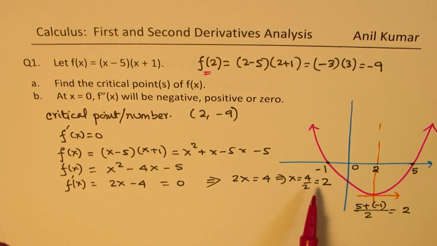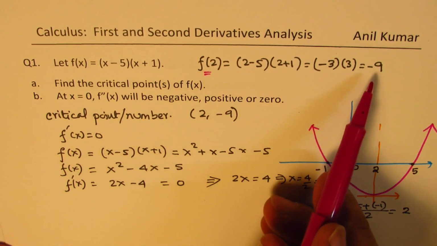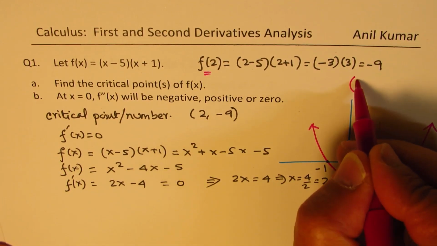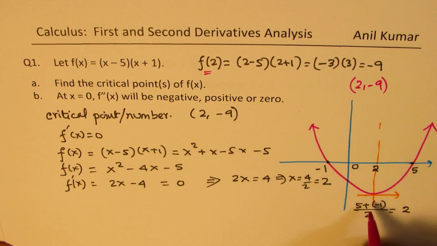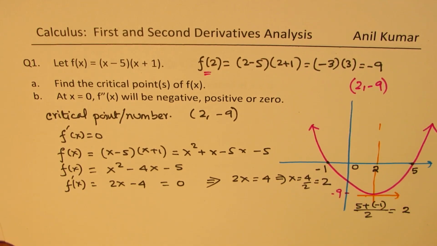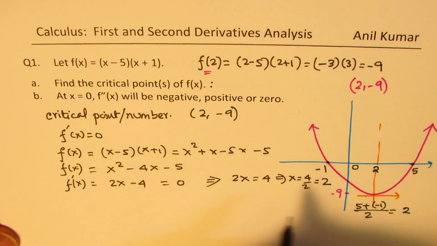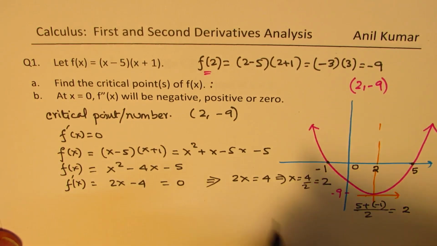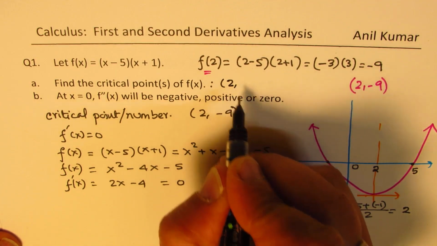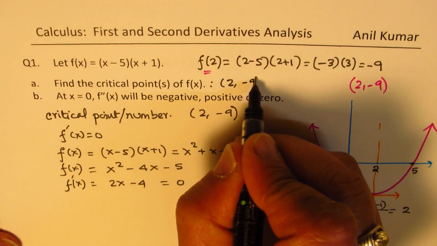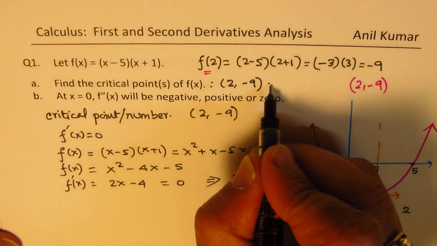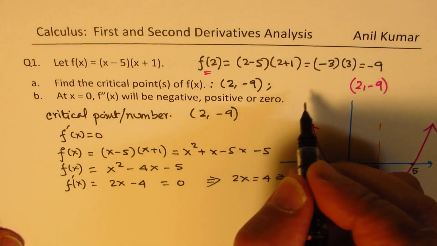To find the point, you have to substitute 2 and get the value, and therefore we get the value as 2, minus 9, right? So that is how you find the critical point. So first part we have done. Find the critical points. There's only one point here which is critical, and that is at x equals 2, the y value is minus 9, and this actually represents a local minima.